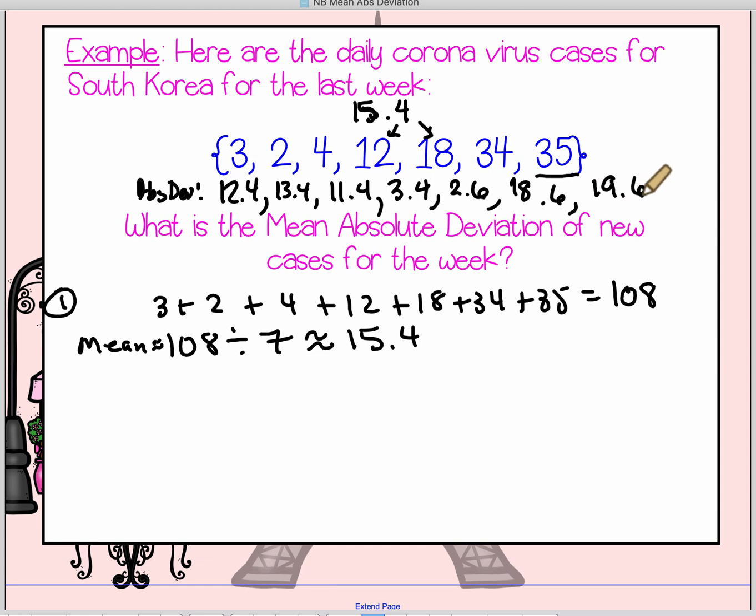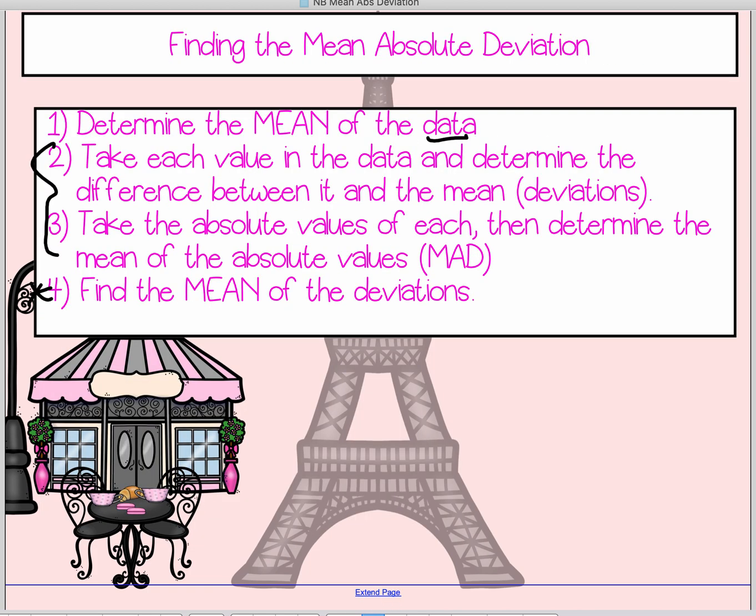Okay, so those are my absolute deviations. So I've taken the difference between the mean and the values in the data set. So I've gotten the deviations, and I found the absolute values of each.